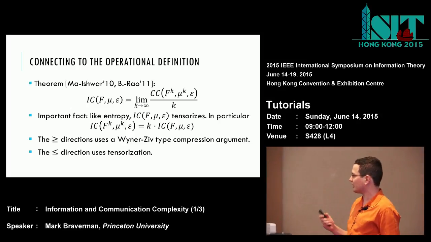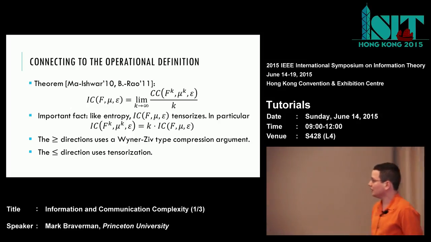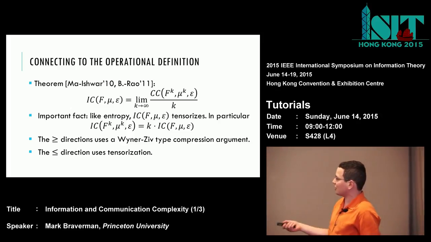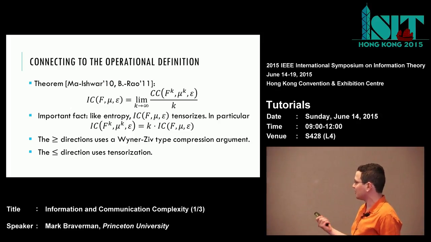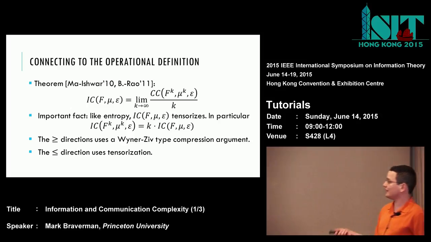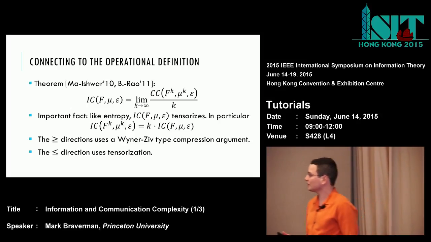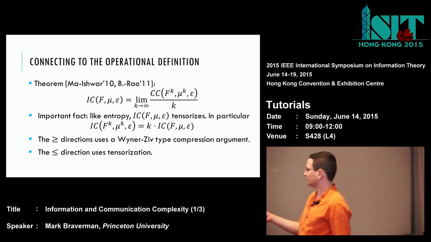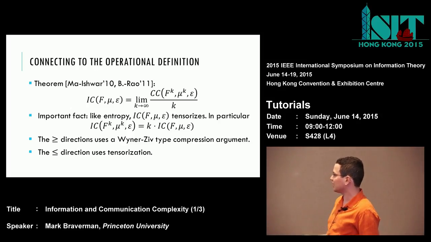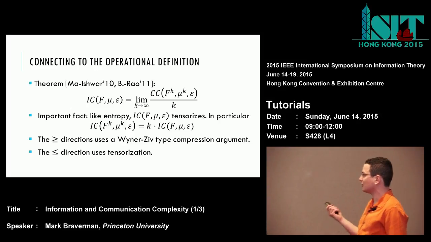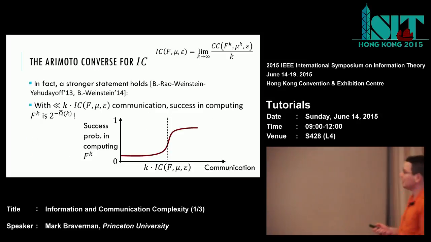It's a fact that Rotem will prove later on. To prove this theorem, one direction is Wiener-Zieff type compression arguments, and the other direction is where tensorization is used. That's what gives operational meaning to this quantity.